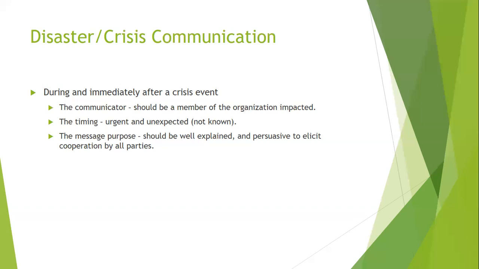Because remember, if it is an organization or particular location where the crisis or the hazard has occurred, those affected would not necessarily be limited to one group of persons. It can affect several groups. So information must be properly communicated to all the parties that could be affected in order to persuade them to cooperate, especially when a response needs to occur.